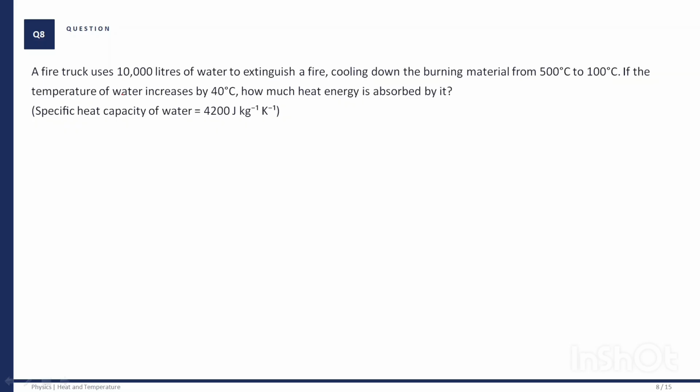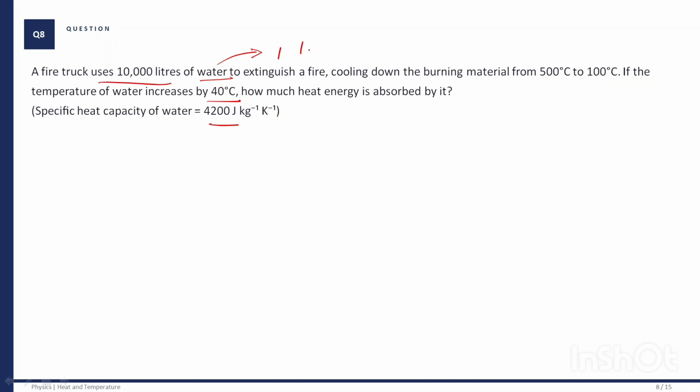The specific heat capacity of water is 4200 joule per kg Kelvin. Here given 10,000 liters. Material is water. The water temperature increases by 40 degrees Celsius. Specific heat capacity given 4200, only for water.